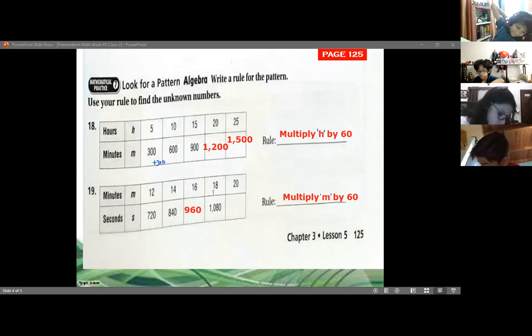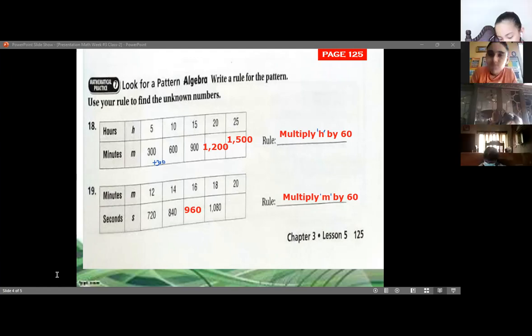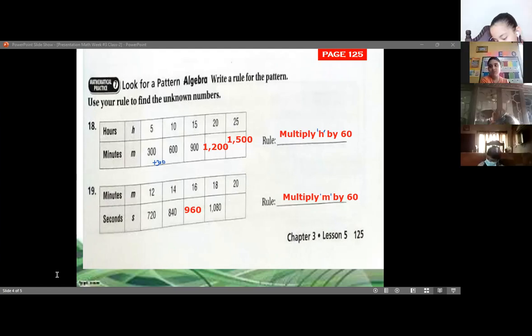Then we have 18 minutes and 1,080. Now let's multiply 20 times 60 to get the seconds of 20. 20 times 60.